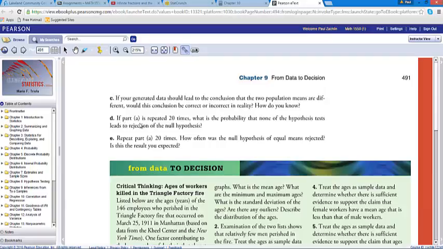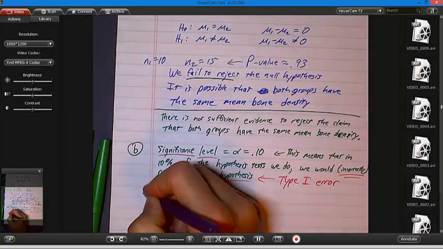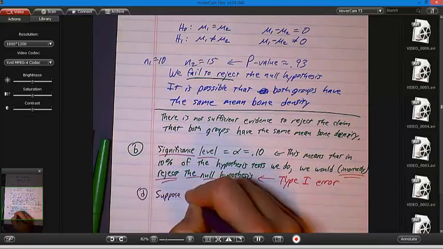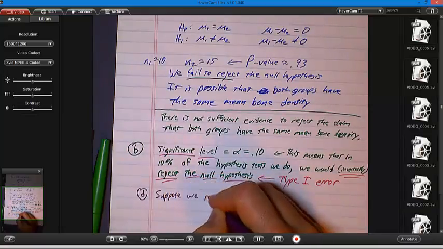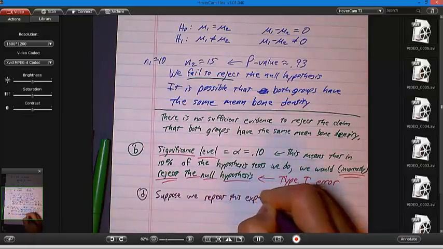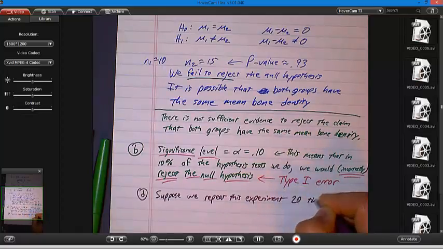Part D: if part A is repeated 20 times, what is the probability that none of the hypothesis tests lead to rejection of the null hypothesis? I have an alternate question for D. Suppose we repeat this experiment 20 times.